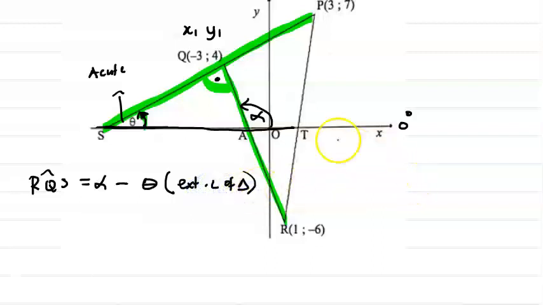What's left for us to do now is to find alpha, the angle of inclination of QR. We have two coordinates here, so let's use those.